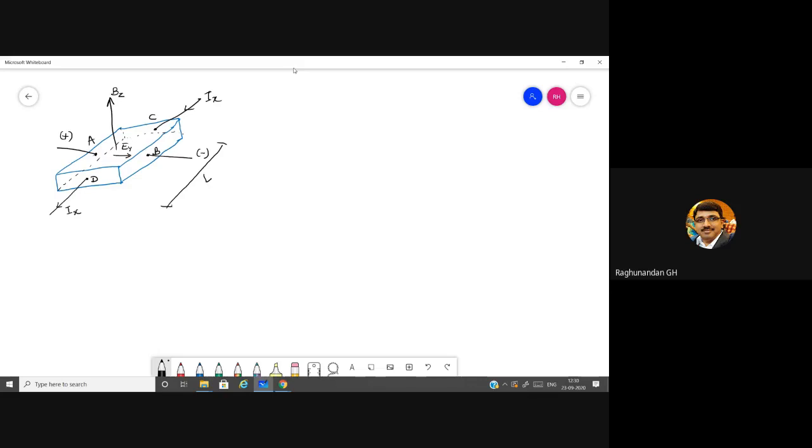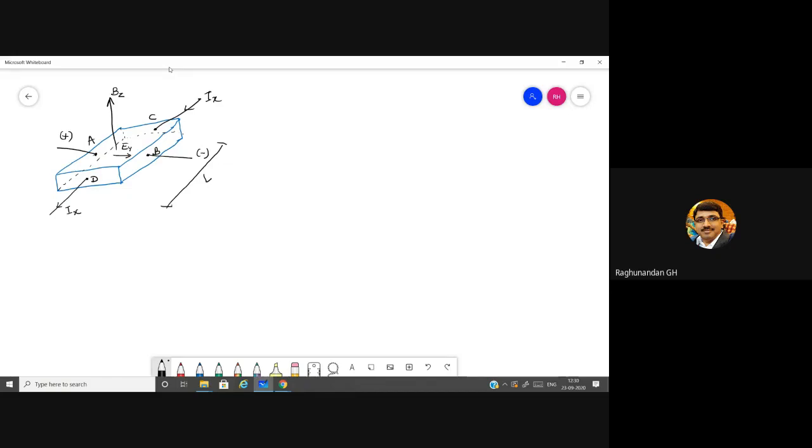AB is the terminals where I'll be finding the Hall voltage. This is considered positive, this is considered negative, and Bz is the magnetic field.